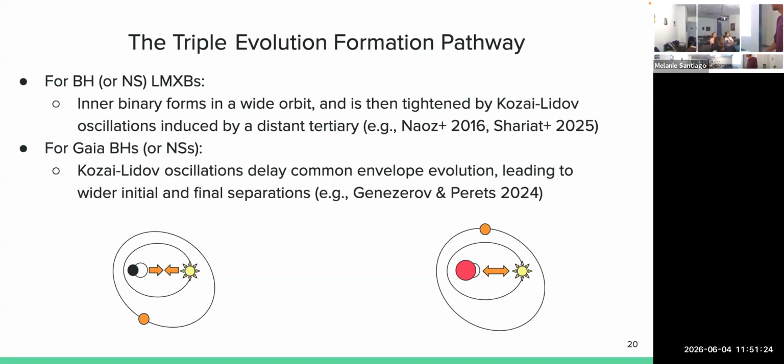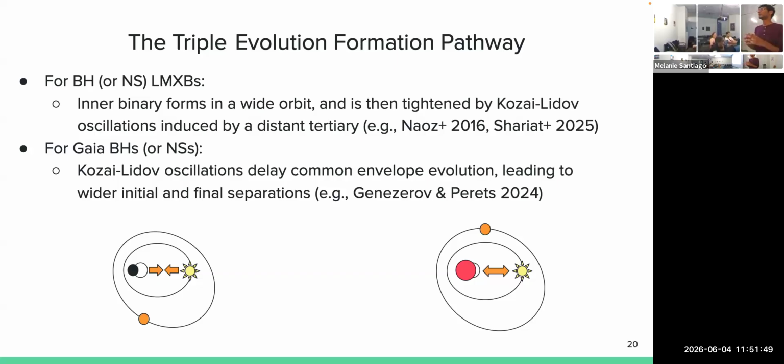So again, recapping how this works, there are different populations. Usually, this was first proposed for black hole low mass X-ray binaries, and we'll see why. The idea is these things called Kozai-Lidov oscillations, where essentially you have an exchange between eccentricity and mutual inclination between the tertiary orbit and the inner binary.